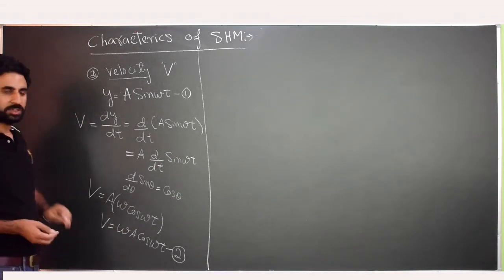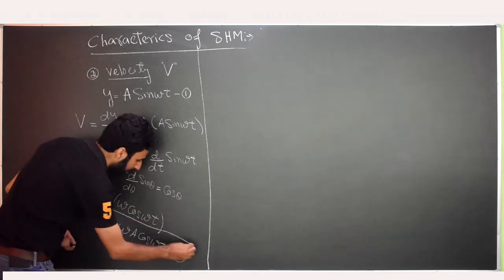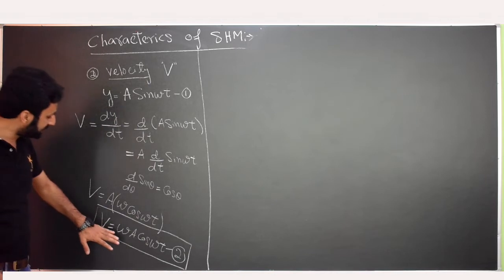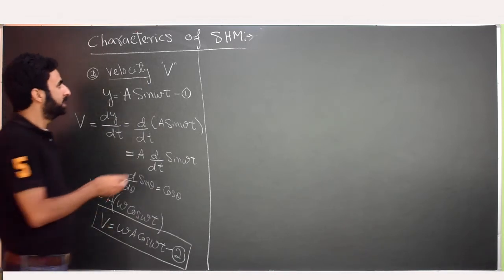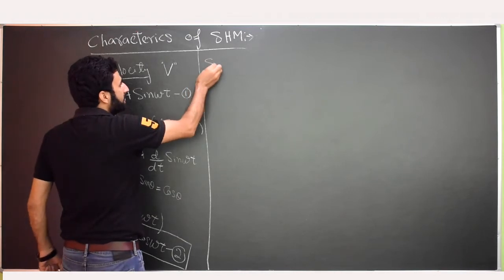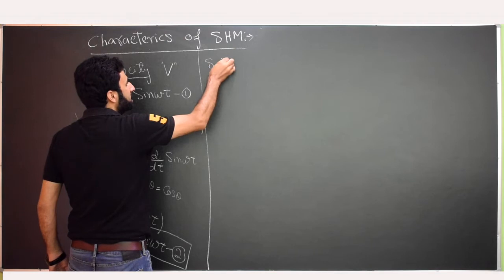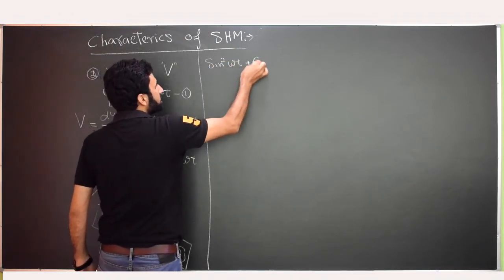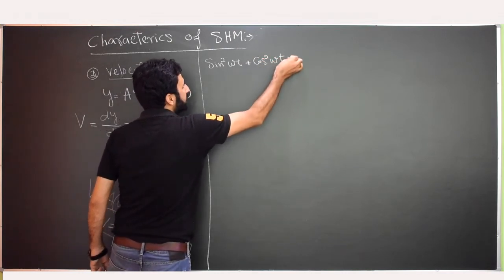Okay, now let's try to present this equation. This is the expression for velocity of a particle in simple harmonic motion. Now let's try to analyze this equation and try to put it in different forms. So we have a basic trigonometric identity, sine square theta plus cos square theta is 1. In place of theta we have omega t. So sine square omega t plus cos square omega t is equal to 1.